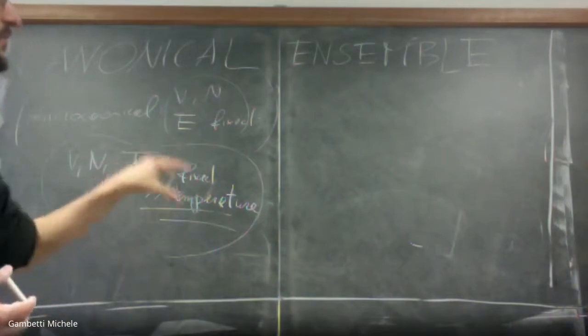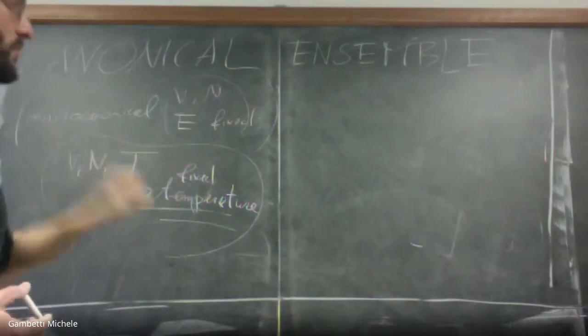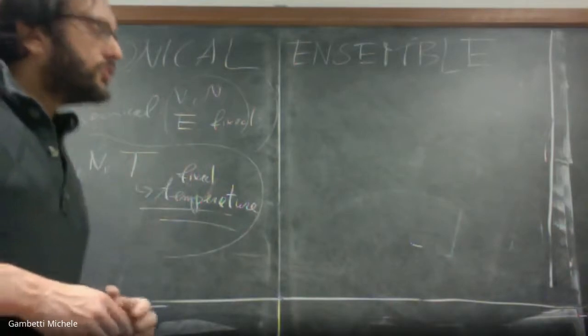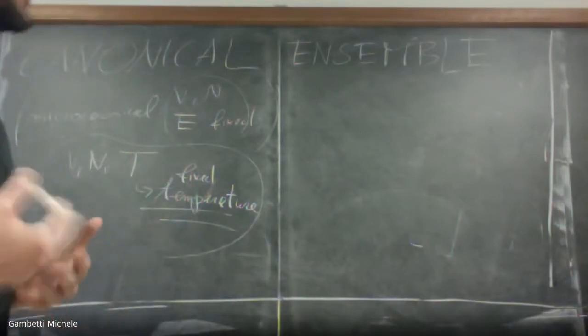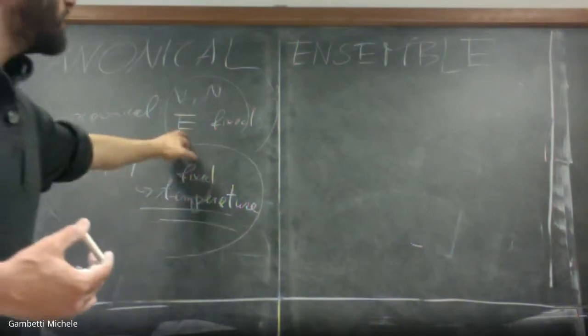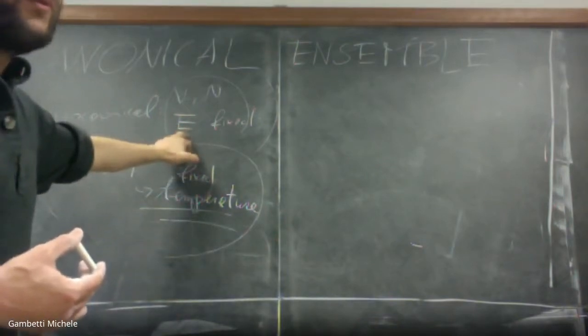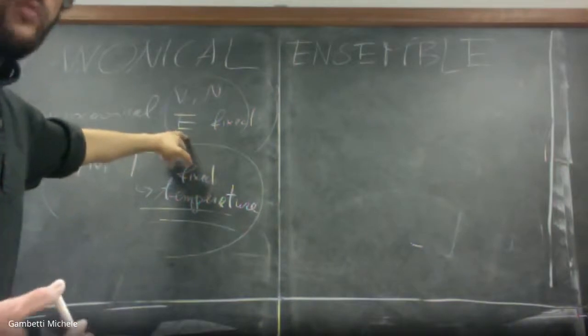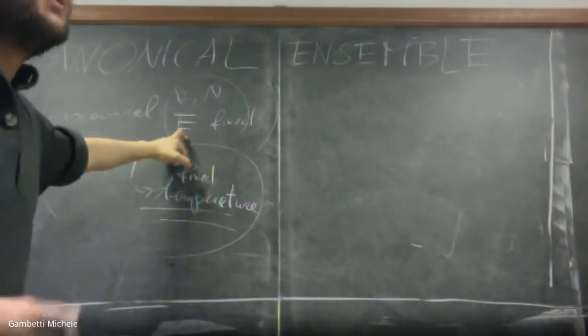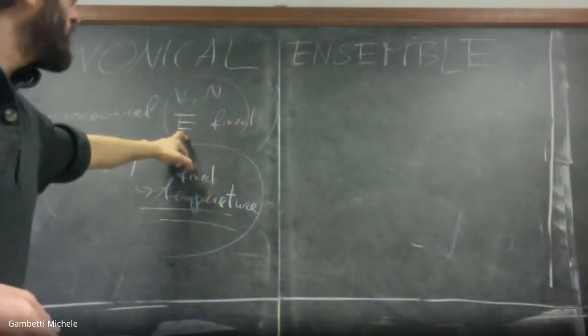So the reason for introducing the canonical ensemble is this one, which is more phenomenological, and also because, as you will see, the calculations are much easier, in the sense that I have one constraint less to fulfill.